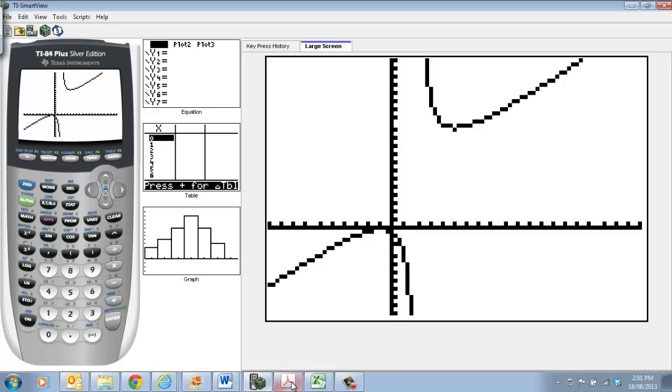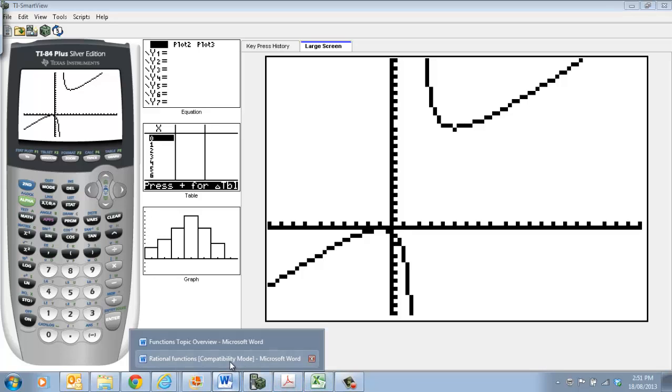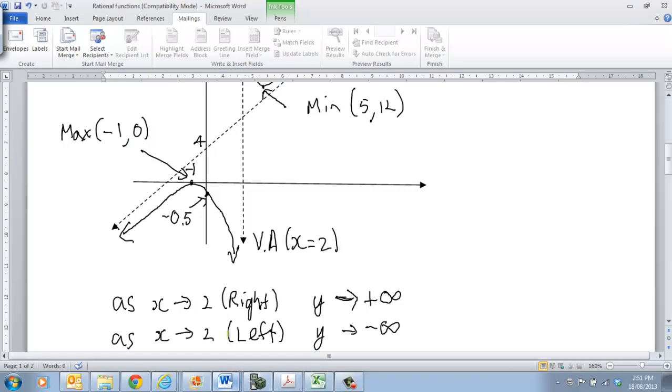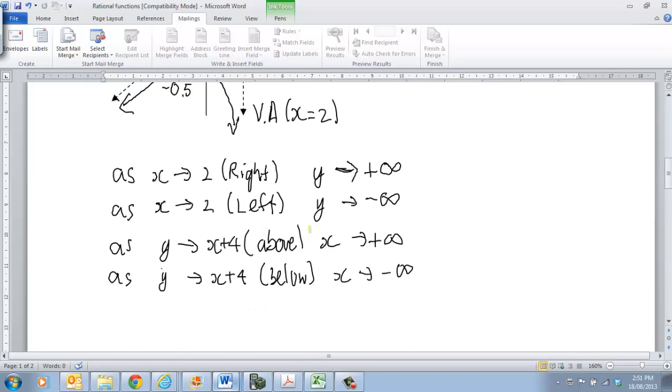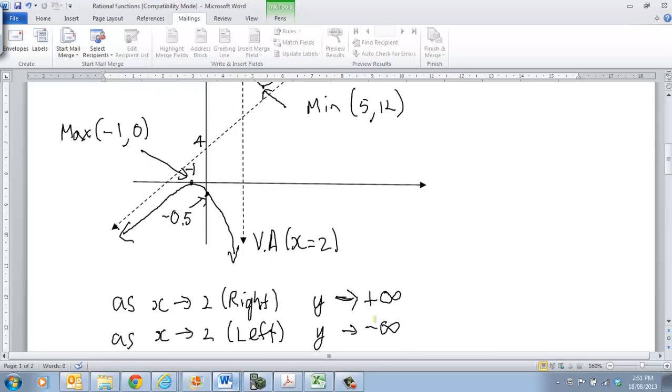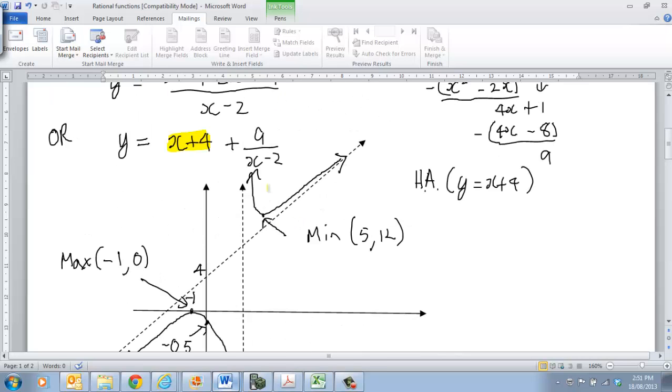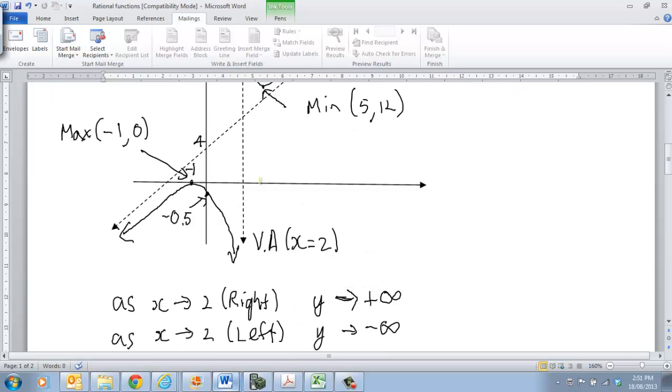In terms of our discussion bit, what we'd be looking at is as x goes to 2 from the right, as x goes to 2 from the left, as y goes to x plus 4 from above, as y goes to x plus 4 from below. What happens? Well, if we're going to 2 from the right hand side, you can see that this function goes off to infinity up here, can't you? So that's y going to plus infinity.